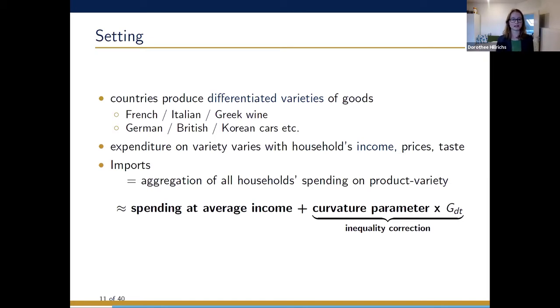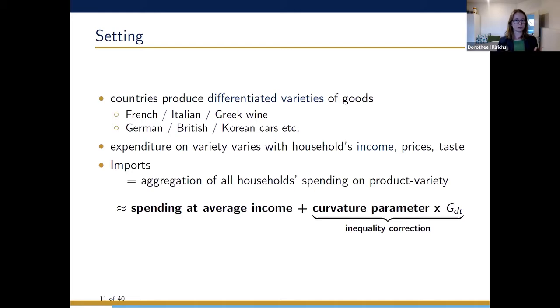Similarly for cars, maybe you have German cars, you have British cars, you have Korean cars, and these are all different varieties of cars. And as I already mentioned, the household and any consumer that spends on these different varieties will decide how much they spend depending on how much it costs, but also depending on the income.